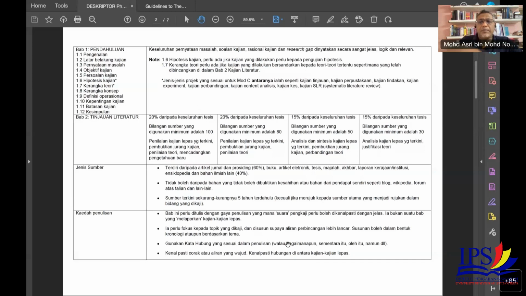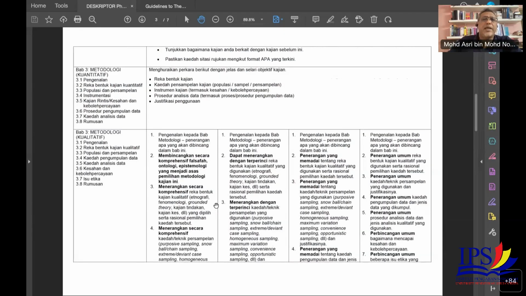Sometimes you want to structure it chronologically, meaning from oldest to newest, or you want to organize it according to themes. You can also do that. So this one is up to you and up to the appropriateness of how you want to organize chapter 2.